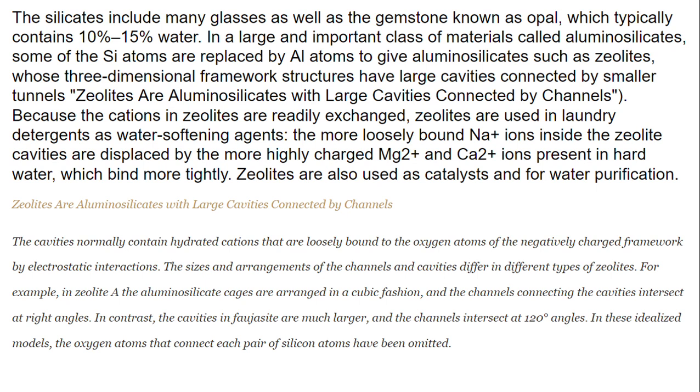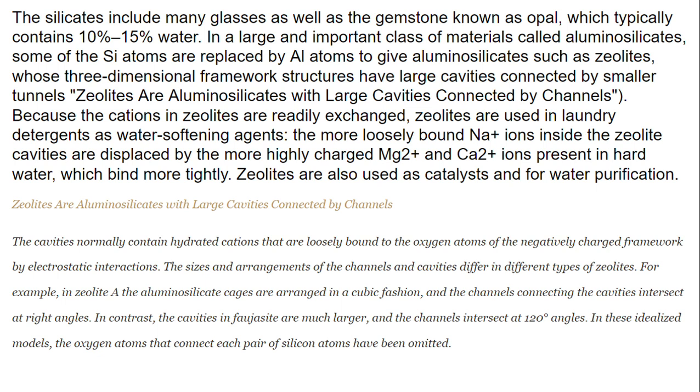For example, in zeolite A, the aluminosilicate cages are arranged in a cubic fashion, and the channels connecting the cavities intersect at right angles. In contrast, the cavities in faujasite are much larger, and the channels intersect at 120-degree angles.